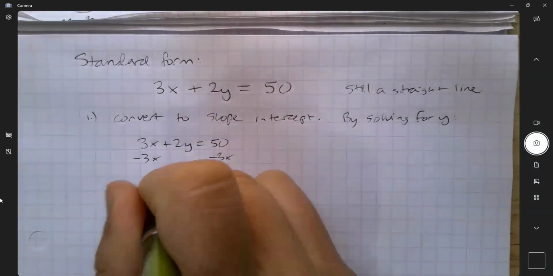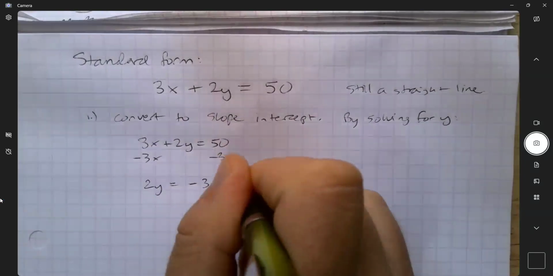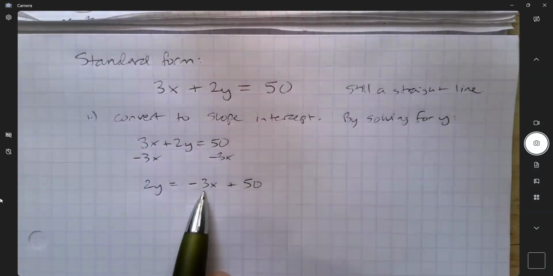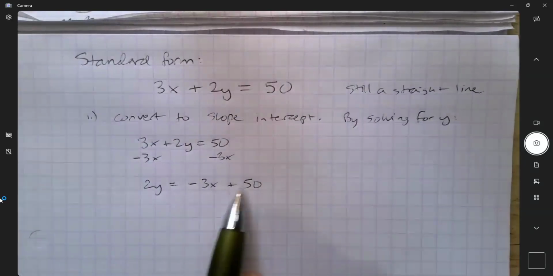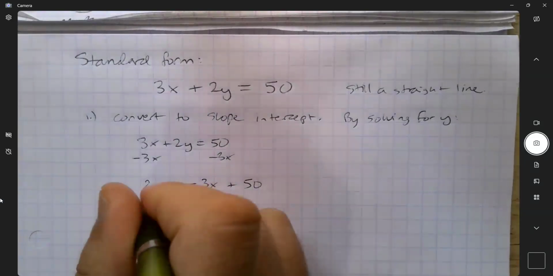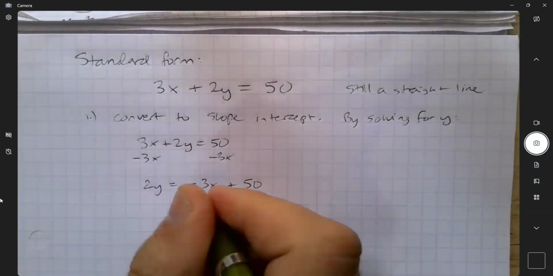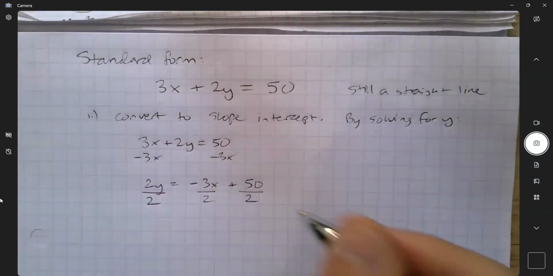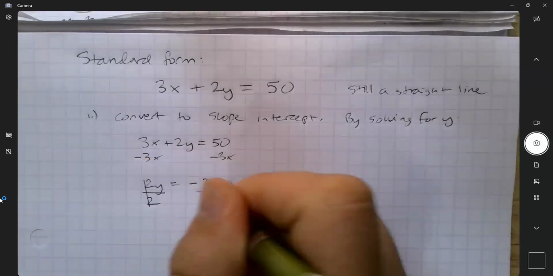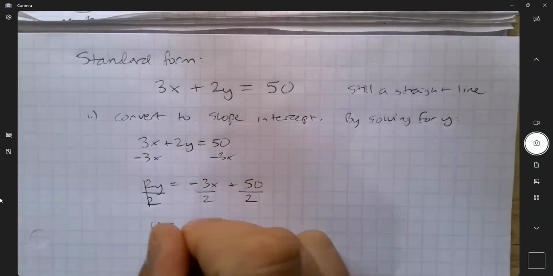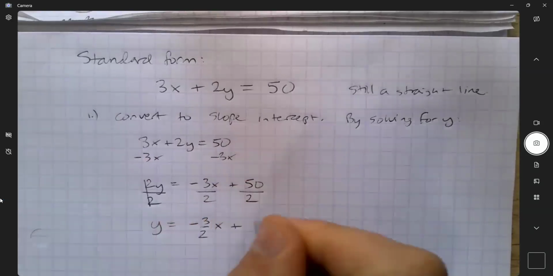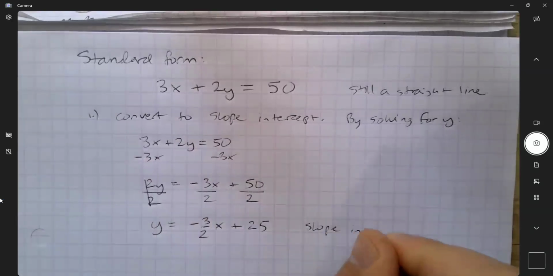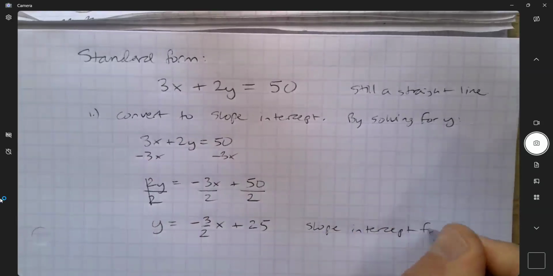And I get 2y equals negative 3x plus 50. I could have written it as 50 minus 3x, but if we're going for slope-intercept form, let's get the x and then the intercept. And it's 2y, so the y doesn't have anything else on its side, but it is still multiplied by the 2, so I divide each term by 2, and I get y equals negative 3/2 x plus 50 over 2 is 25.